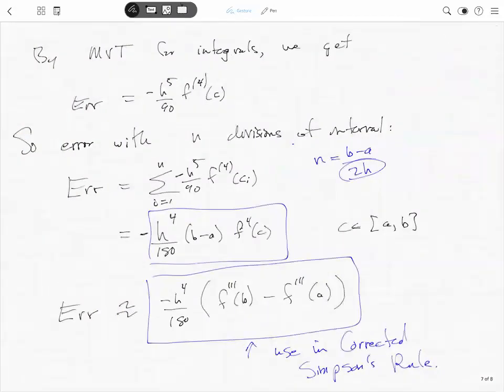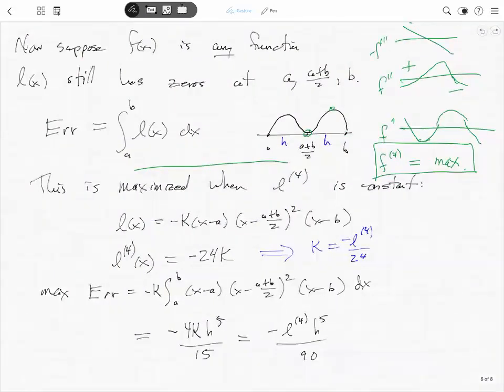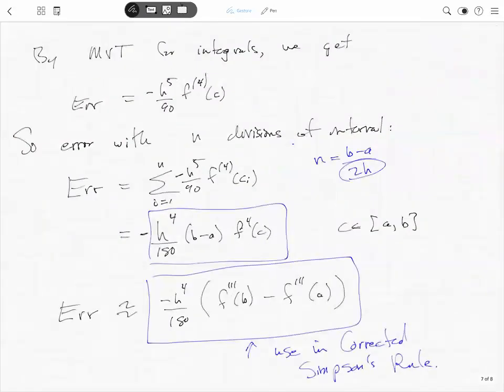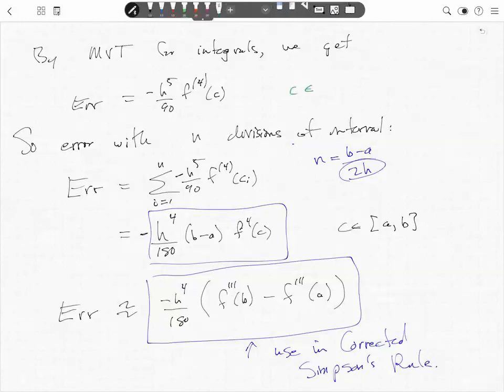In that case, we can apply the mean value theorem for integrals, and we can say that the error will be equal to a very similar formula. It'll be h to the fifth over 90 times the fourth derivative of whatever f was, but evaluated at some point c, which we can't be sure of. We can't be sure where c will be, but it'll be some point on that interval. I should have written that down too. It'll be some point on this interval between a and b.